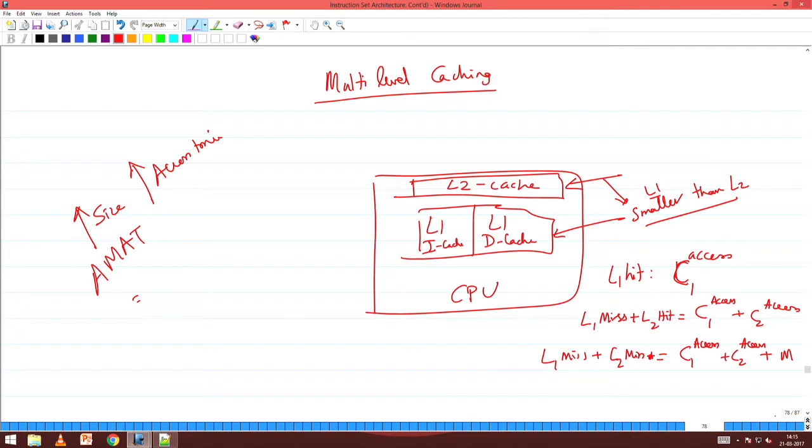Okay, so we already saw AMAT is equal to C1 access plus 1 minus H1, let H1 be the hit ratio of the level 1 cache, into the miss penalty. You have seen already this equation. So this is nothing but C1 access plus 1 minus H1 into, what is the miss penalty here?